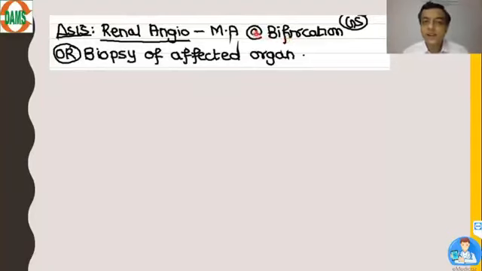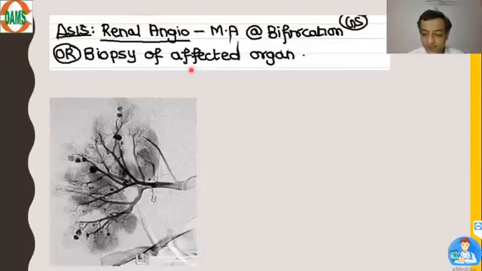Or if renal artery is not involved, you can also go for biopsy of the affected organ. If renal artery is not involved, patient only has skin manifestation, patient only has neuropathy, you can go for biopsy of the affected organ. So what is there here in the renal angio in front of you?